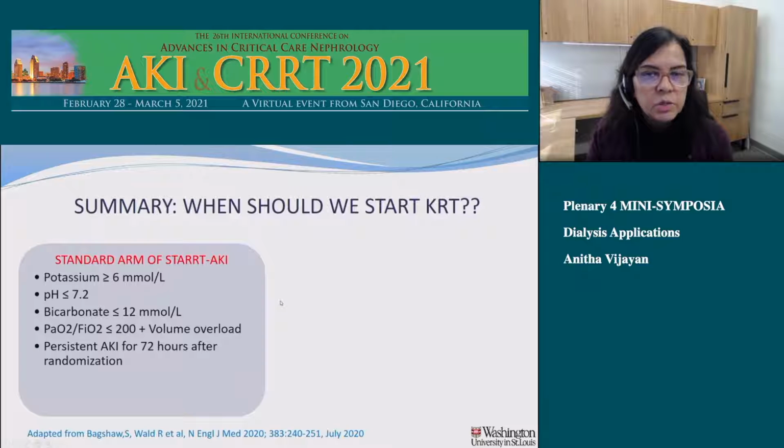So as you know, during the COVID-19 pandemic, the START AKI trial was also published.